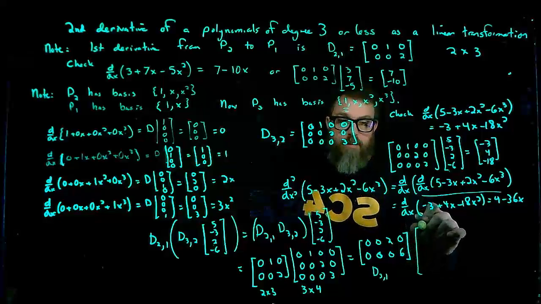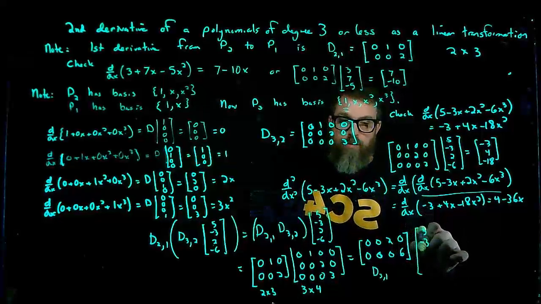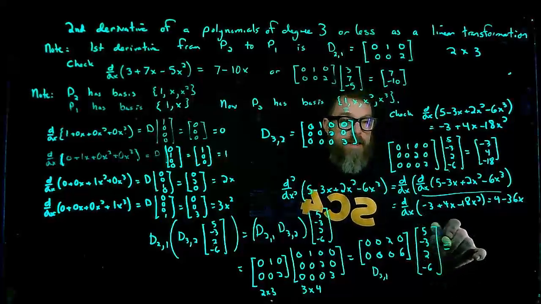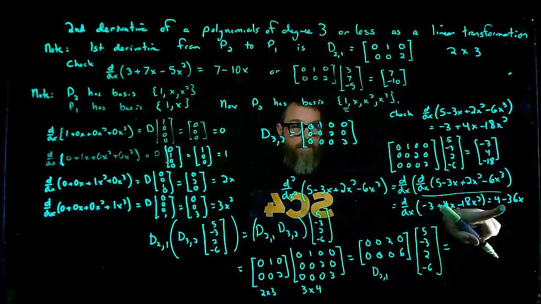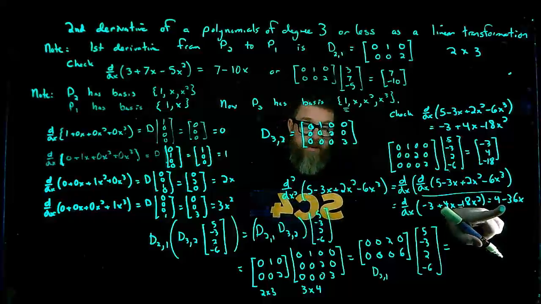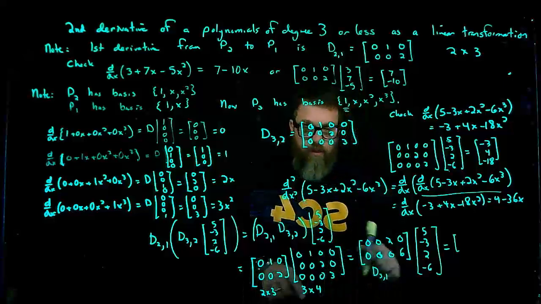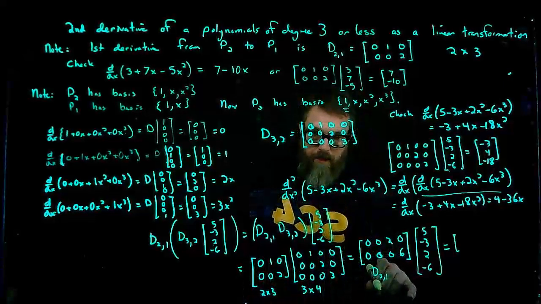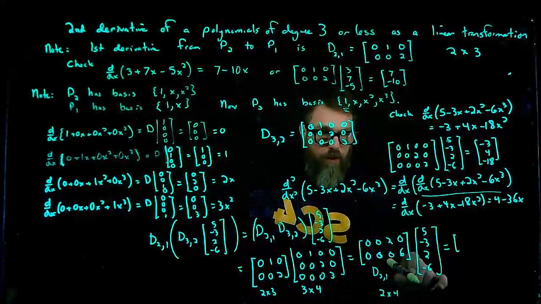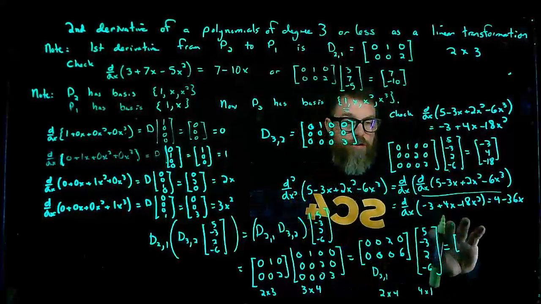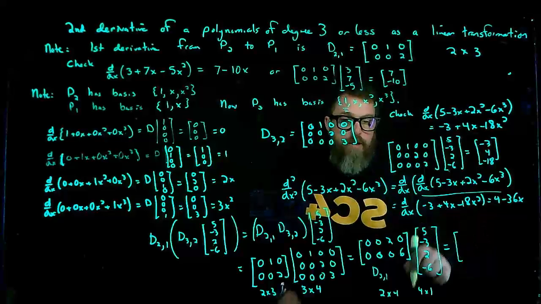So this is going to be equal to 5, minus 3, 2, negative 6. And the hope is that we're going to get this polynomial back. Well, this should be 2, right? So this is a 2 by 4 multiplied by 4 by 1. So this is going to be equal to 2 by 1. This is looking pretty good. All right, let's multiply.